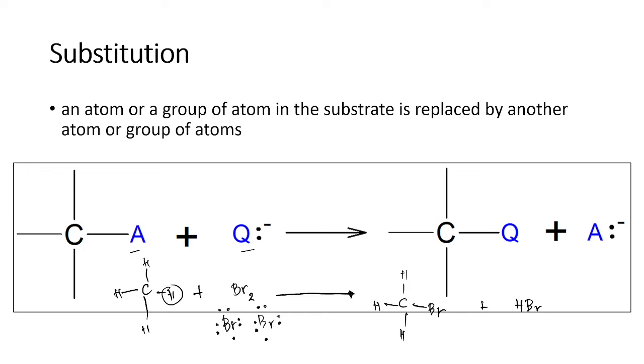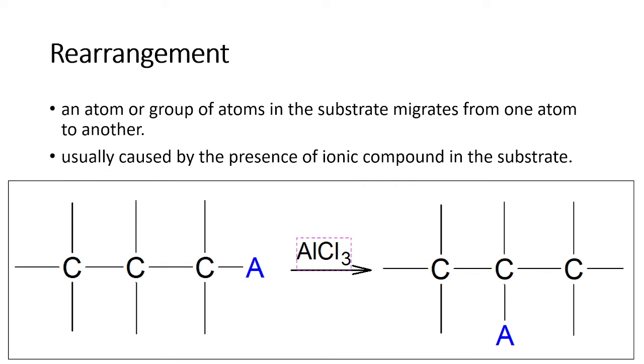Okay. So for the last part, or the last reaction mechanism, or major reaction mechanism, we have here the rearrangement. So basically, rearrangement is when an atom or group of atoms in a substrate migrates from one atom to another. It is usually caused by a presence of ionic compounds in the substrate.